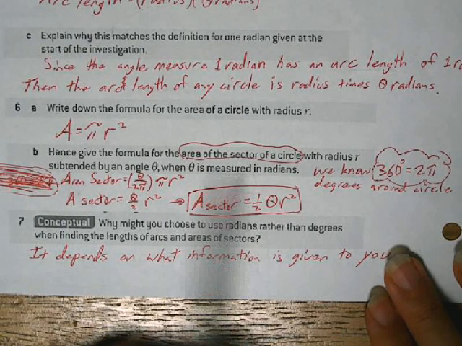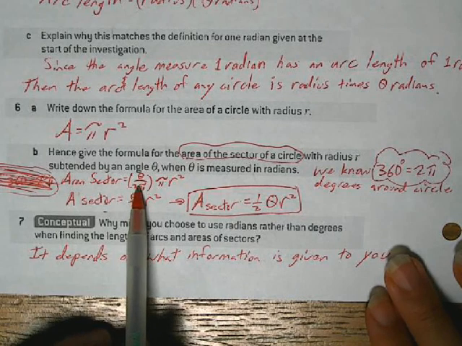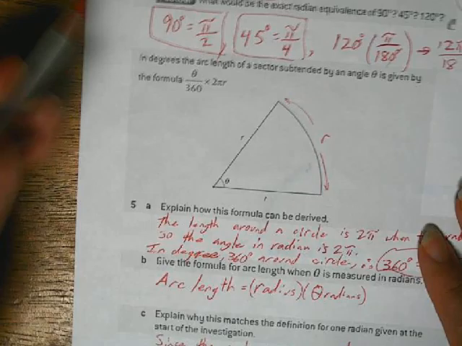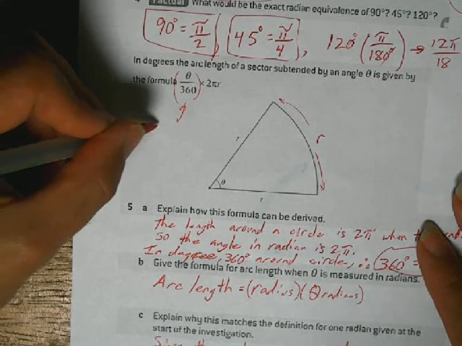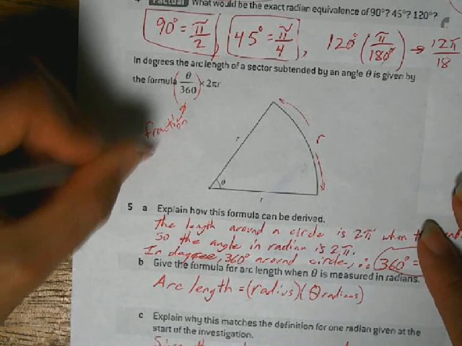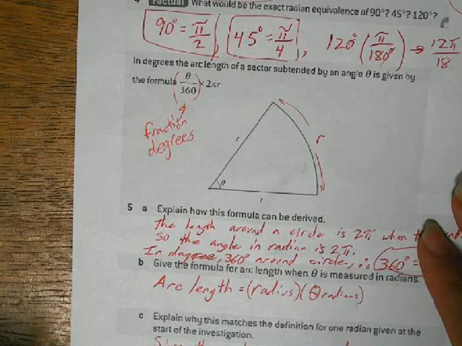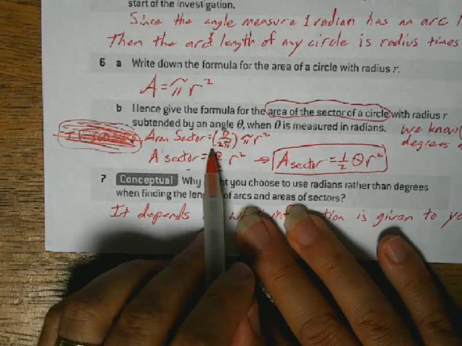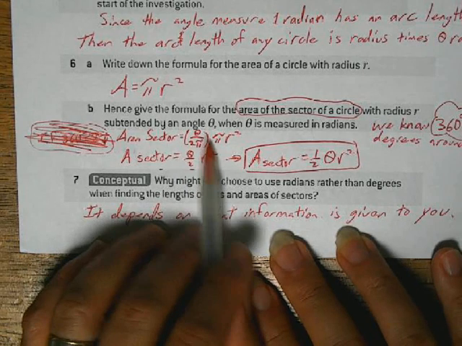If theta over 360 is the fraction in degrees, then here we use theta over 2 pi, because that gives us the fraction in radians.